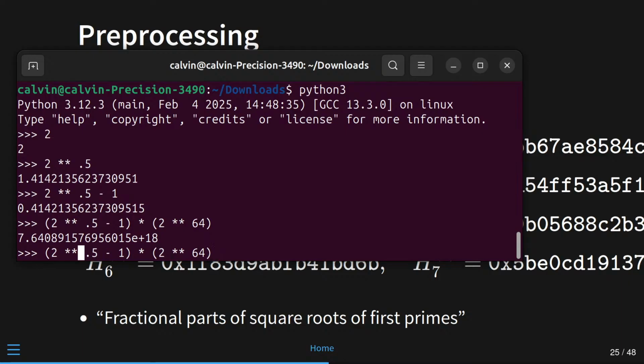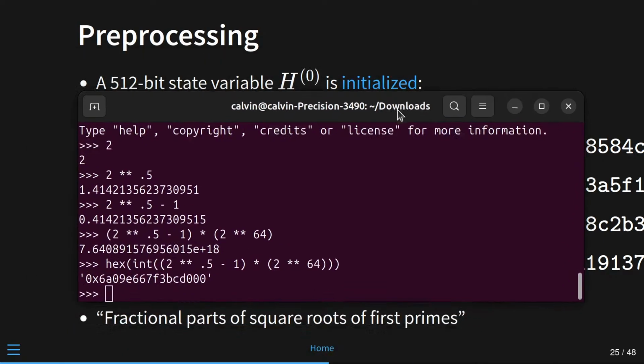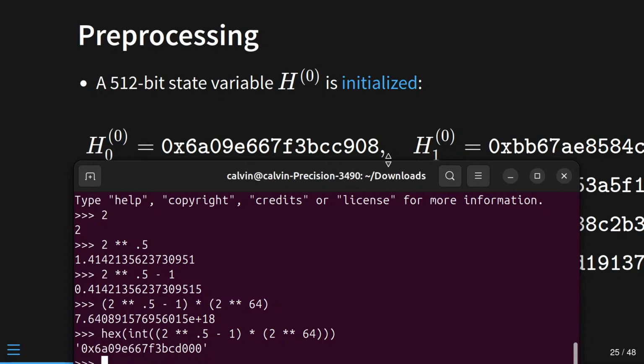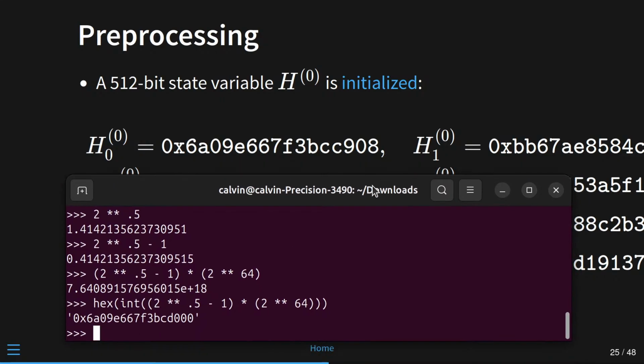Then I think I can just take the hexadecimal representation of that, but I have to cast it back to an integer first. Does this seem right? And so that value is 6A09E667FCBC.